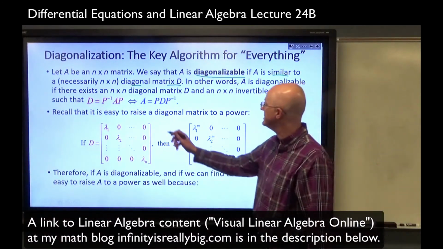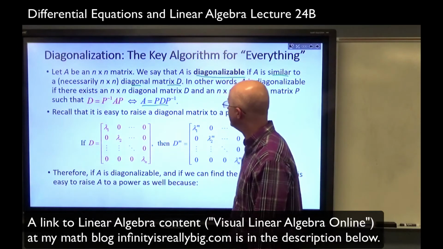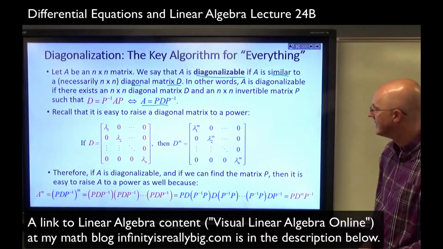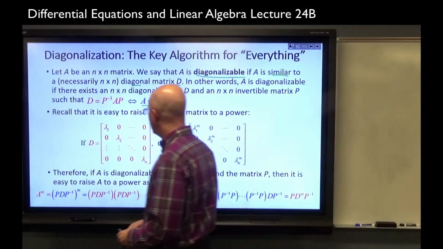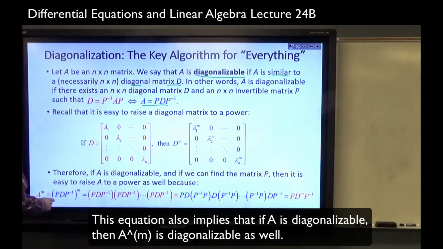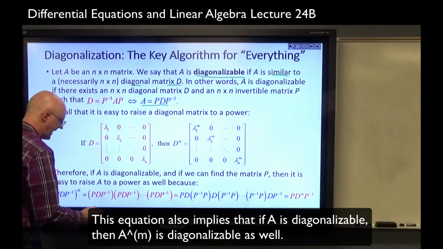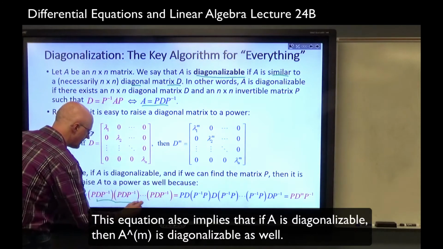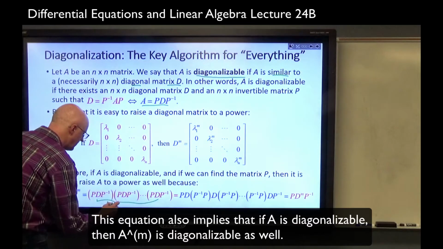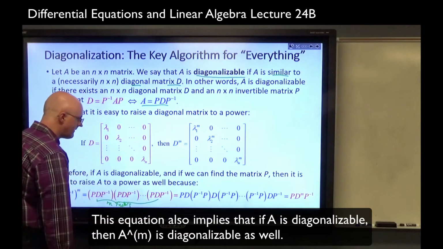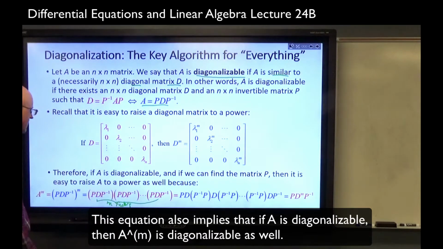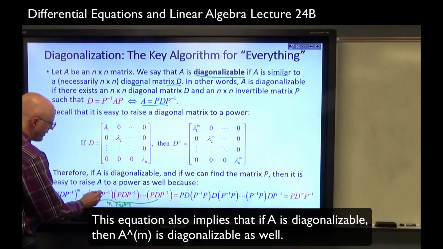We need to use this equation and raise both sides to the mth power, say. And what happens is you get a bunch of cancellation. A to the m is P times D times P inverse to the m, which is this product where you've got m factors here in parentheses. And then by the associative property, you can do some regrouping.